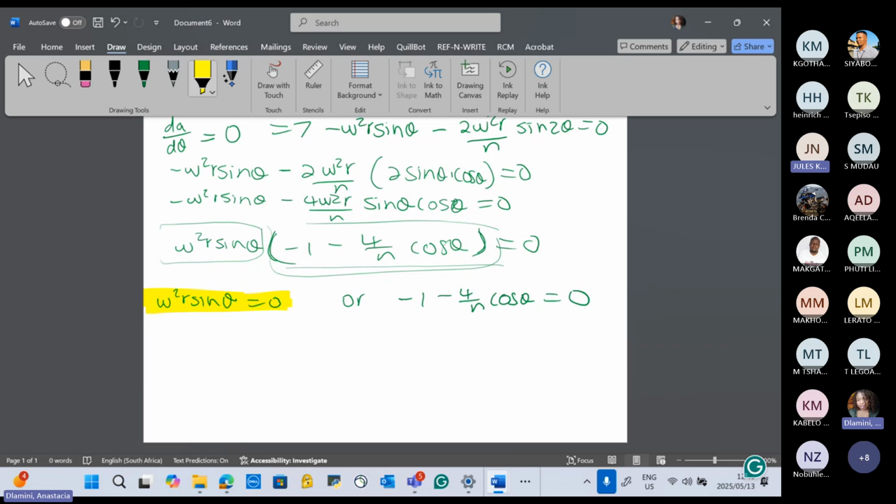Someone is not muted. Let's start there. So it will be? We divide both sides by W squared R. So then we remain with sine of theta equals 0. And then on the other side, what do we do?